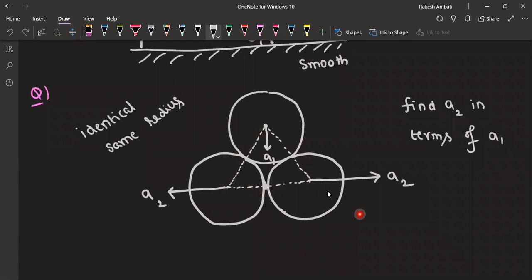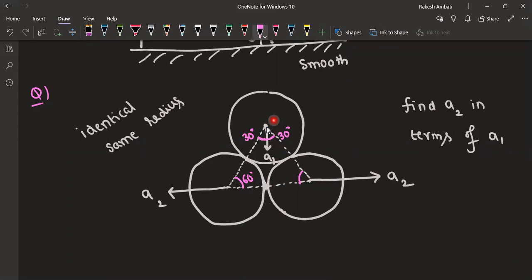If it is an equilateral triangle, then this angle is 60 degrees, and the bisector angle is 30 degrees. The same thing here: this angle is 60 degrees and this angle is 30 degrees. So all three angles must be the same.